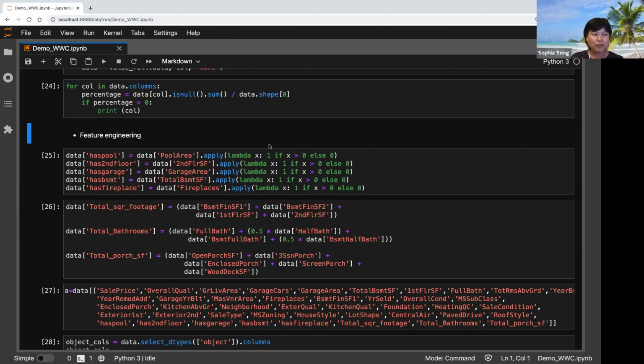But I think XGBoost is always my first choice.